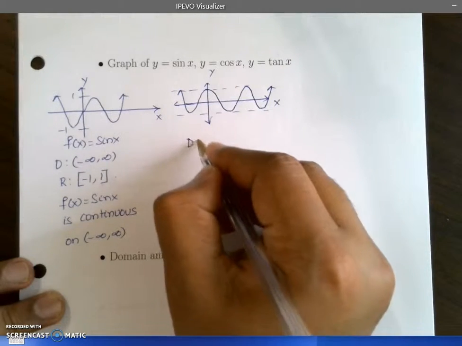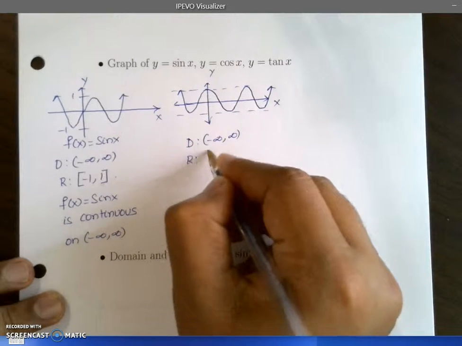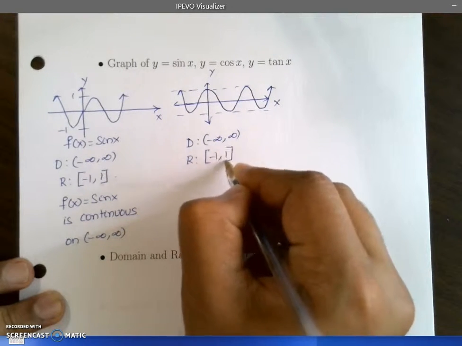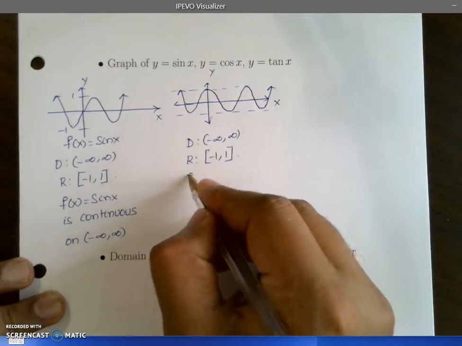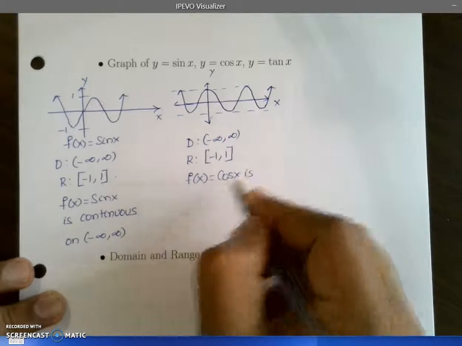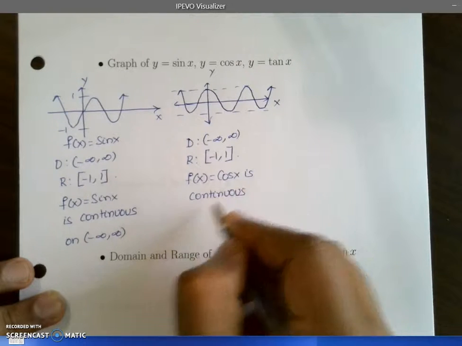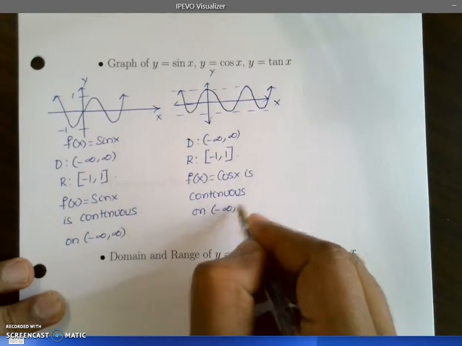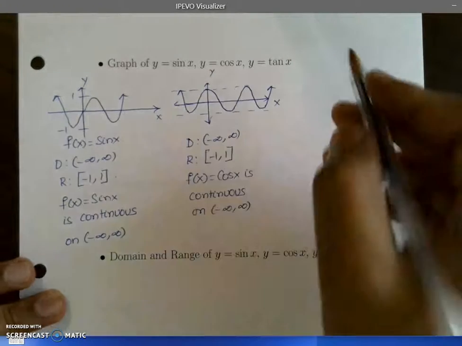The domain of this graph is from negative infinity to positive infinity. The range is between negative 1 and positive 1. There is no break or jump in the graph. So f of x equals cosine x is continuous on the interval negative infinity to positive infinity.